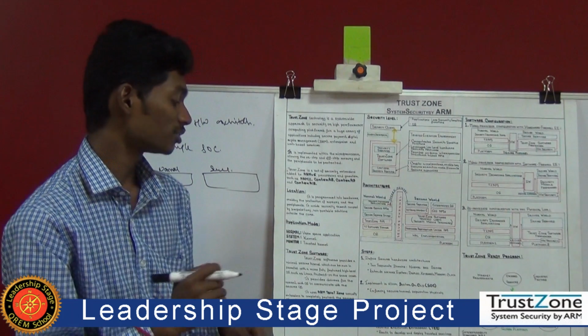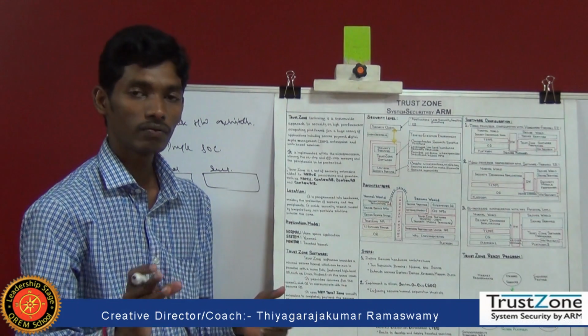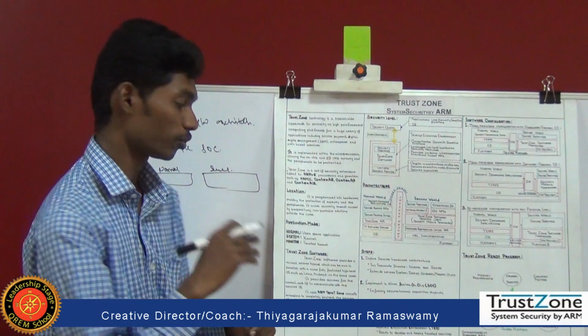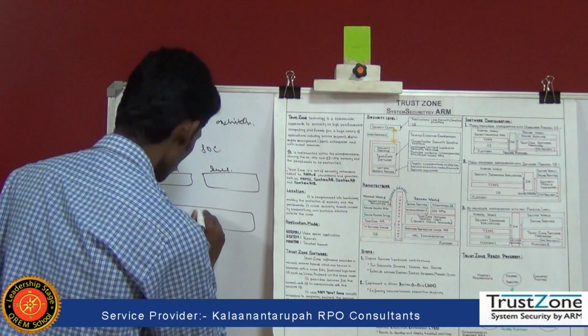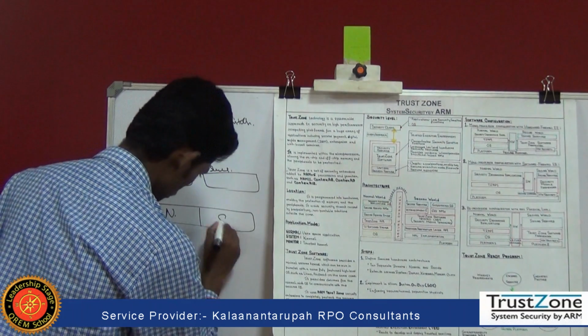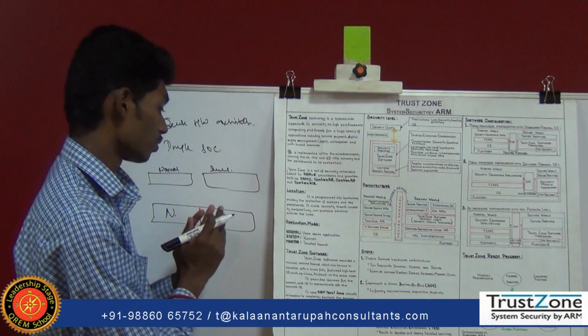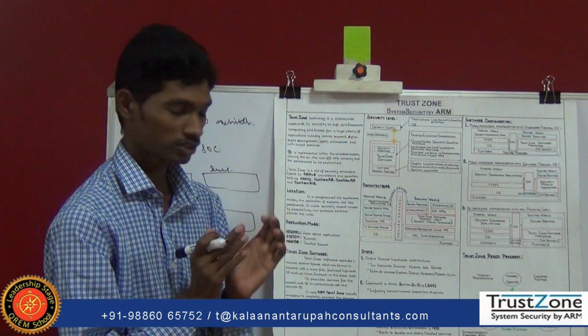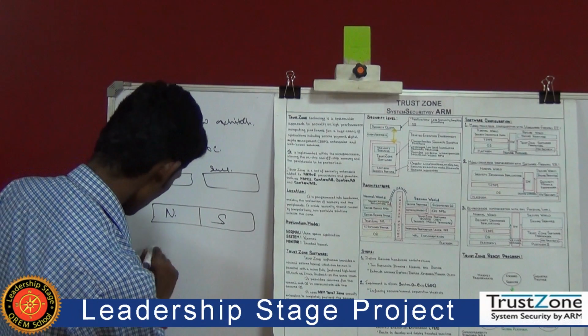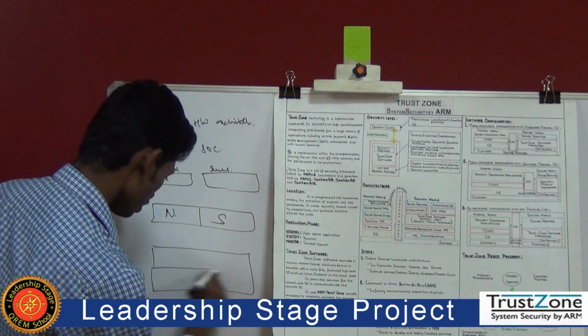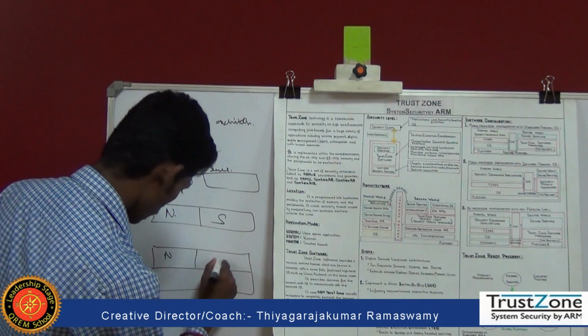The system on chip is an integrated circuit, which is used to integrate the system components, and in the implementation of the SOC we have normal and secure. Once we implement the SOC, we combine the SOC with the trusted OS. This is the SOC, in which we combine the normal and secure.